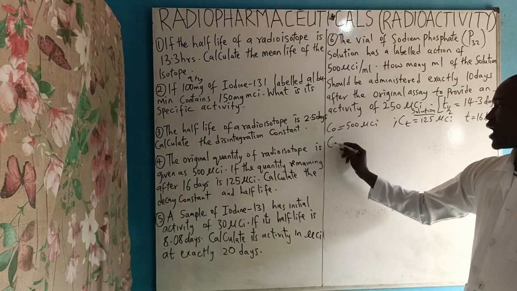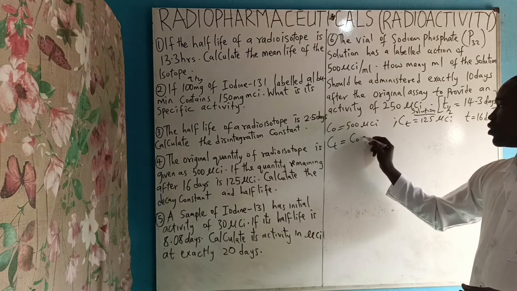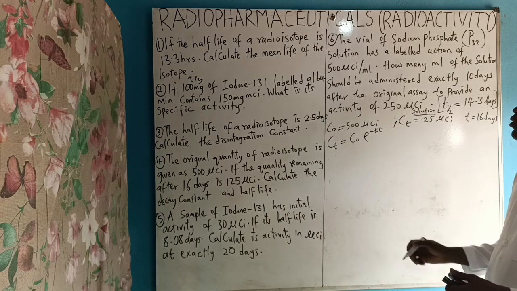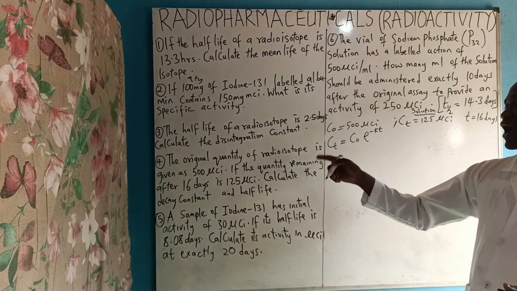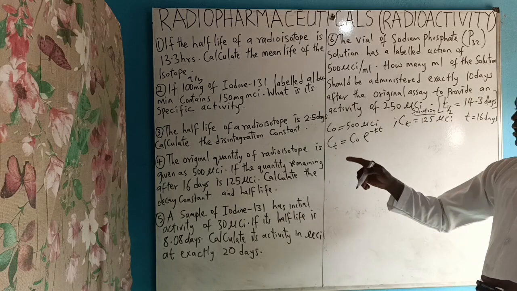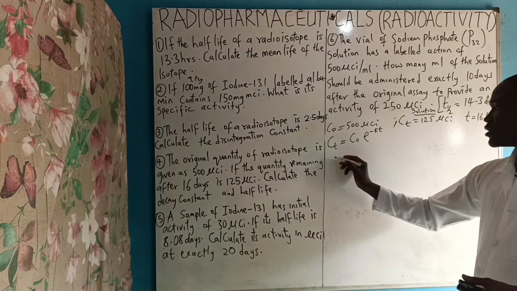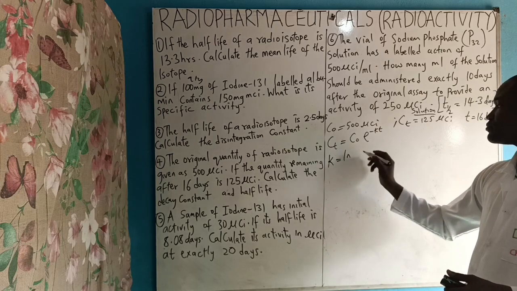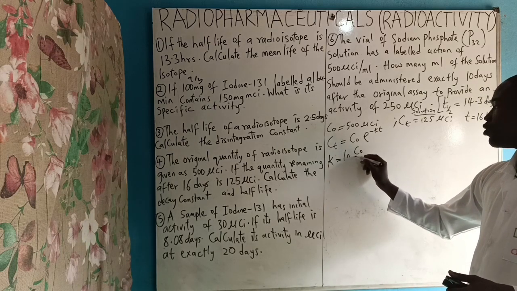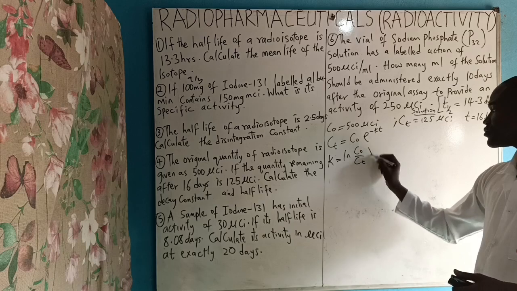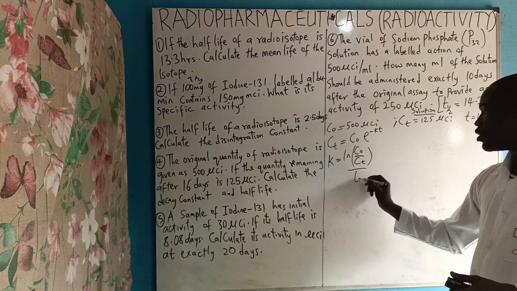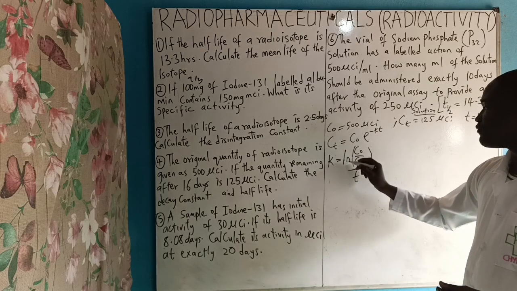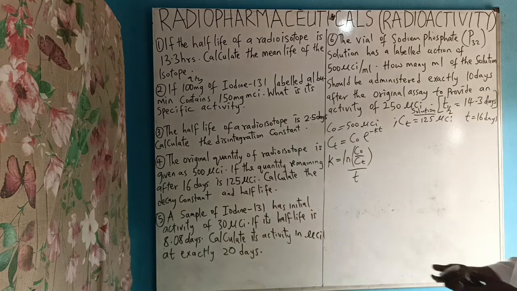We recall that we had the formula Ct equals C0 exponential minus Kt, right? Now, because they asked us to get the half-life and the decay constant, we say the decay constant K is equal to ln C0 over Ct, all over time T. We have made K the subject of the formula from this formula.